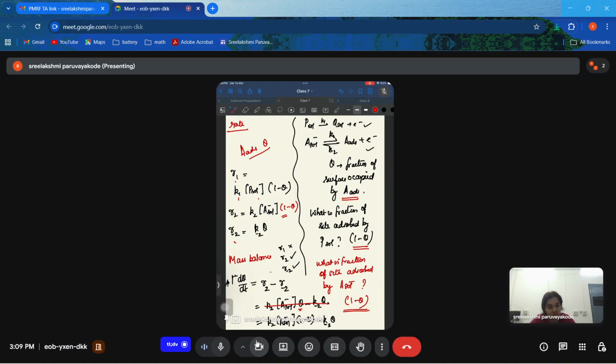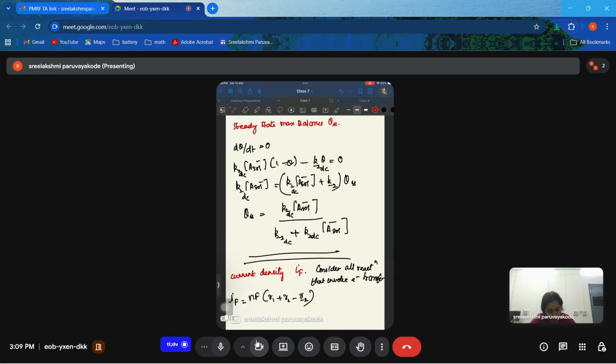When mass balance is considered, which accounts for the fraction of sites occupied by theta, we will not consider the first reaction but the other two. So R2 minus R minus 2, we are writing the expression. Then when we equate the steady state to 0, that is the steady state mass balance, we get the theta value.